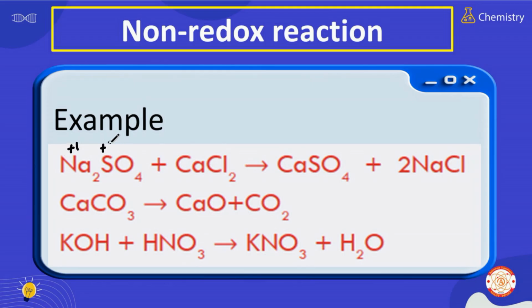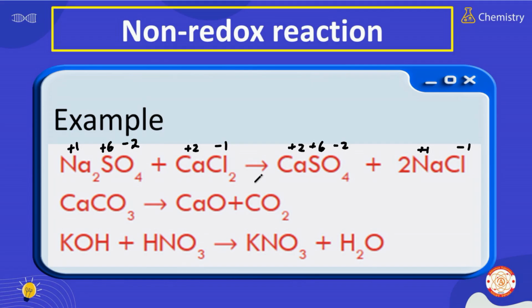And sulfur +6, -2, +2, -1, +2, +6, -2, +1, -1. As you can see, there is no change in oxidation state in the reactants and products. Therefore, this type of reaction is called non-redox reaction.